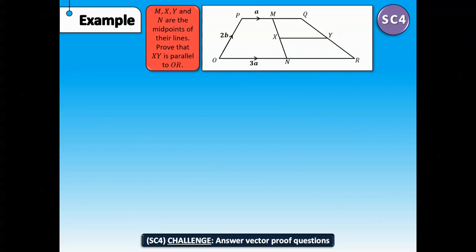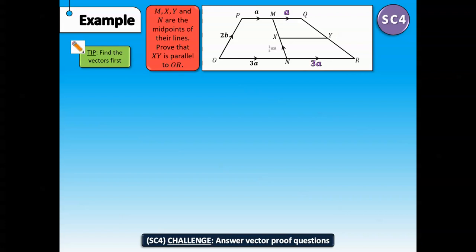So in this question, M, X, Y, and N are the midpoints of their lines. We want to prove that XY is parallel to OR. So first of all, we need to find the vectors.